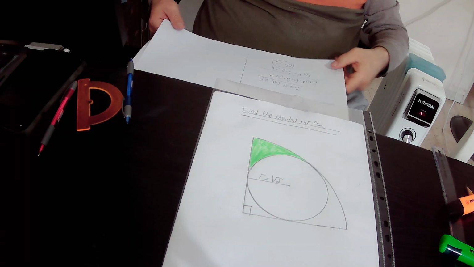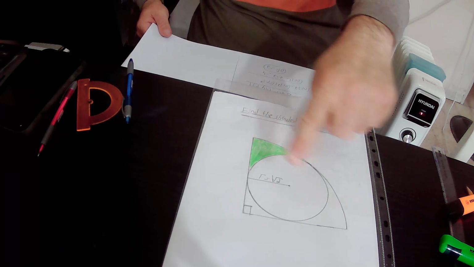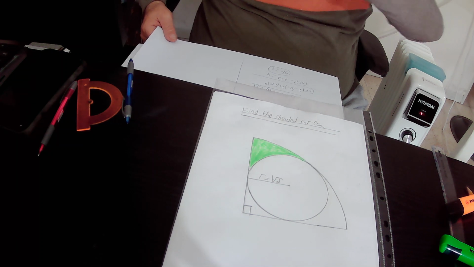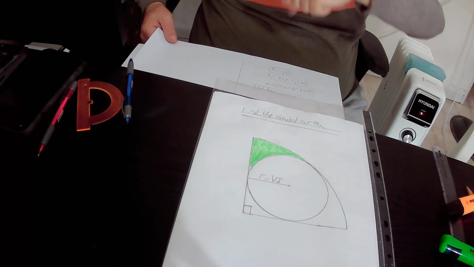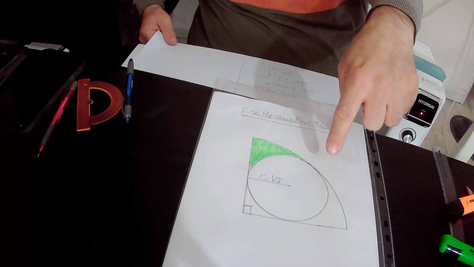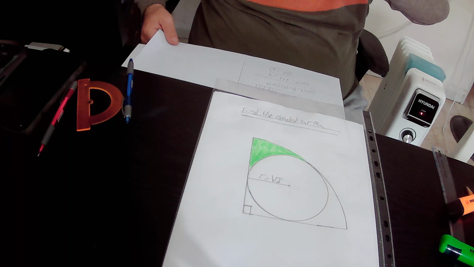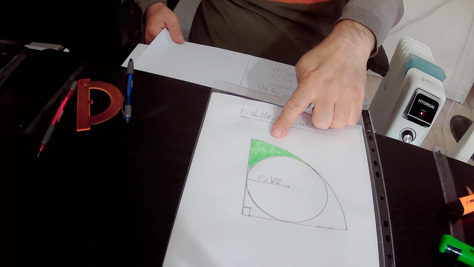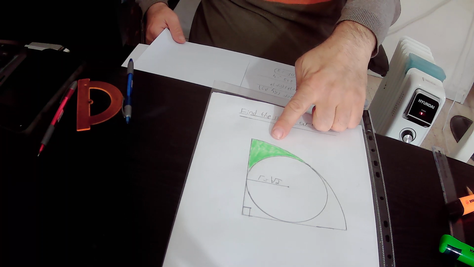So in the drawing we have a circle that is inside this quarter circle. The only thing that we know here is that the radius of this circle is equal to the square root of 2 units in its length. Again, our mission is to find out the size of this green area or the shaded area.